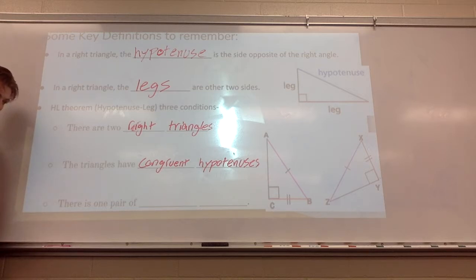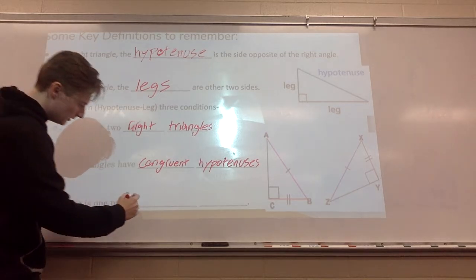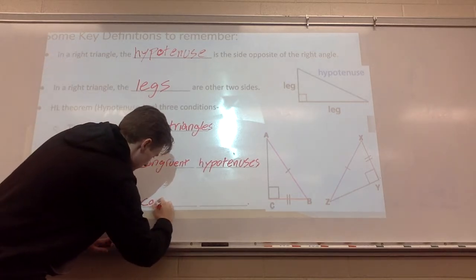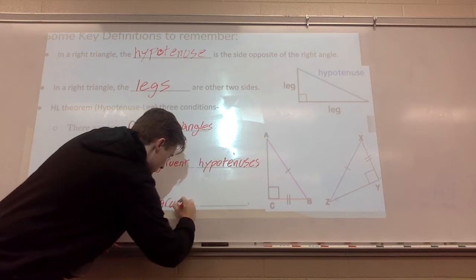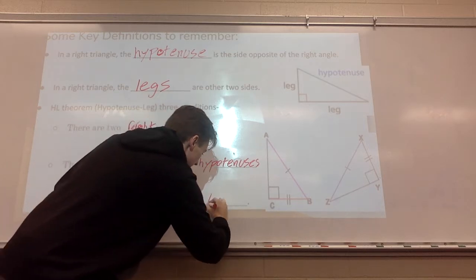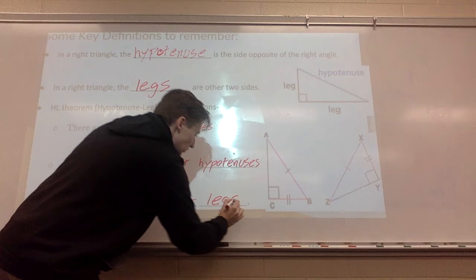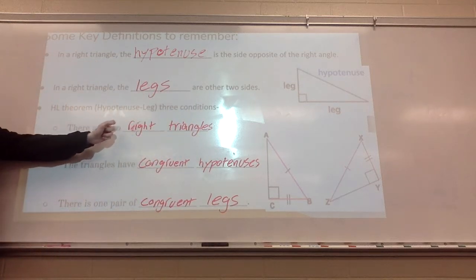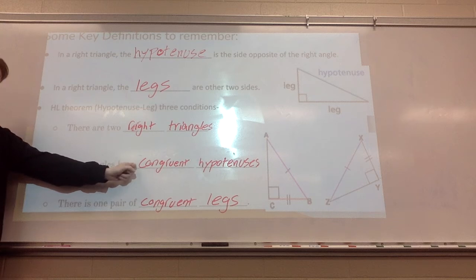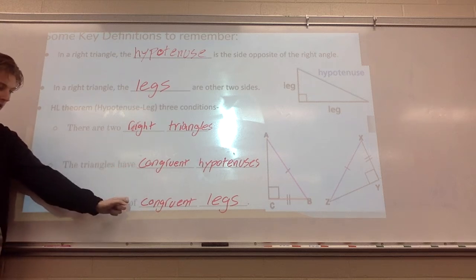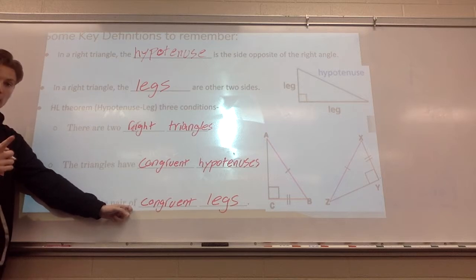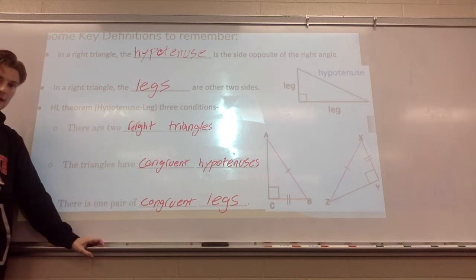Lastly, there is 1 pair, exactly 1 pair of congruent legs. So the 3 conditions are: are there 2 right triangles, yes or no? Are the hypotenuses congruent? Yes or no? Is there just 1 pair of congruent legs?